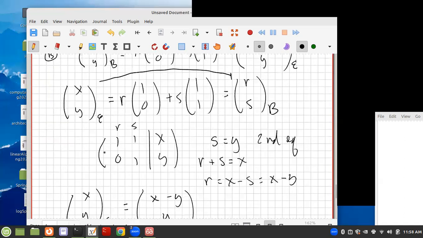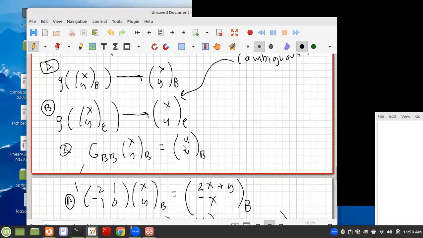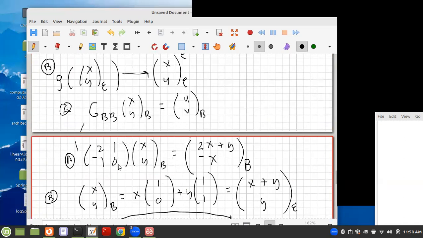So we do that, and we find this result here. Now we have the action of the matrix [2, 1; -1, 0] on any vector in basis B.